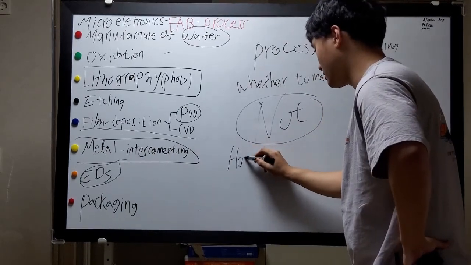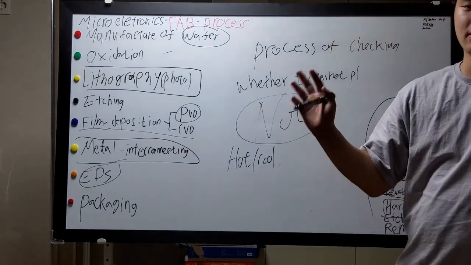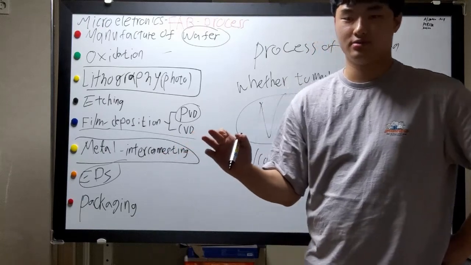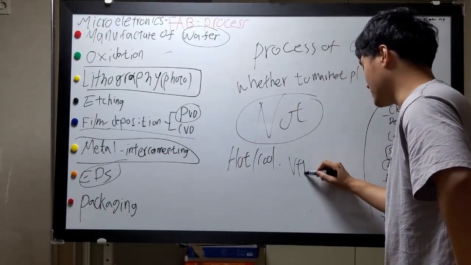First, hot and cooling test. We know a hot temperature will make some silicon reactance changes, so it means the threshold voltage will be changing.